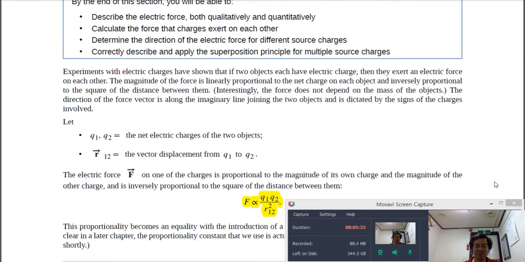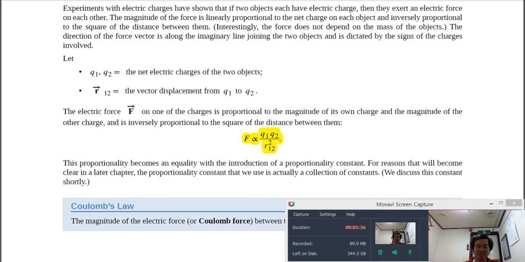Suppose we have two charges, Q1 and Q2, and let's say the distance is R sub 1 2. And then Coulomb did the experiment, and he found that the force between the charges is proportional to the charges Q1 and Q2, and inversely proportional to the square of the distance.